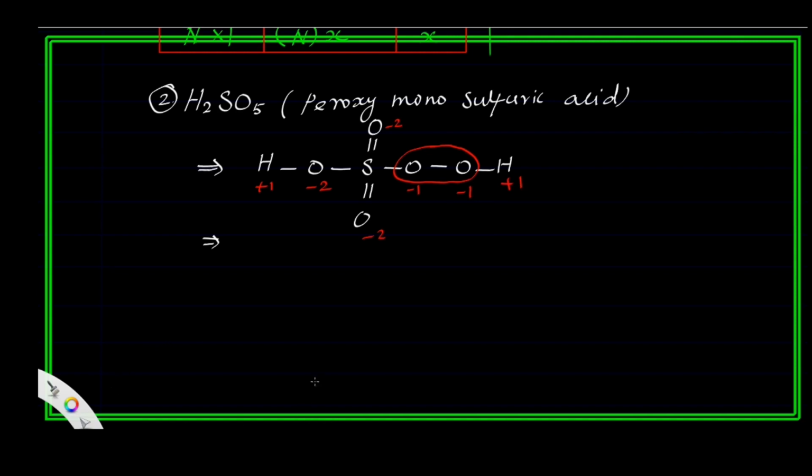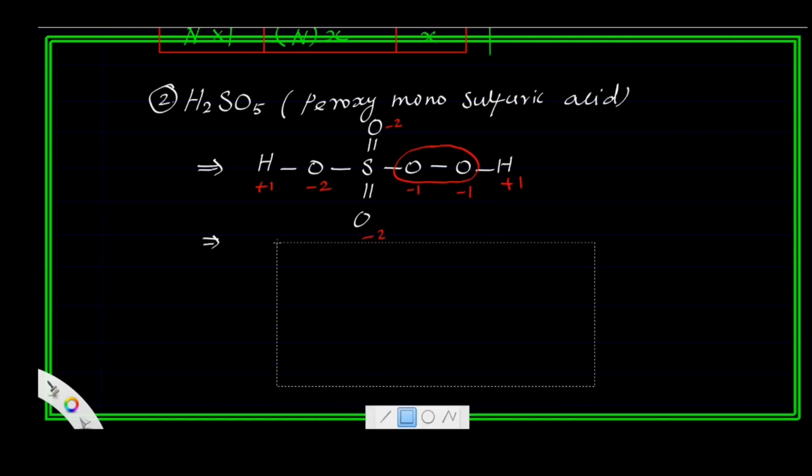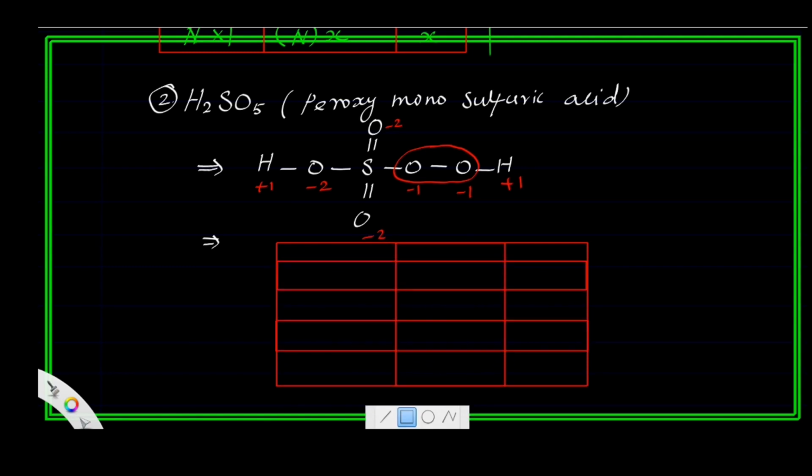Now we draw the table. We have 4 types of atoms, that is first one hydrogen, second one oxygen which is present in peroxide form, and third type is normal oxygen.